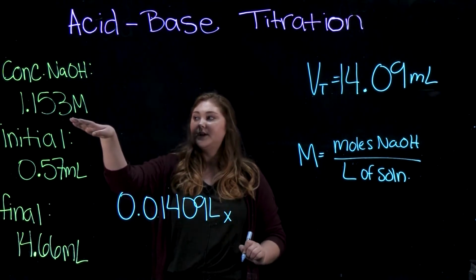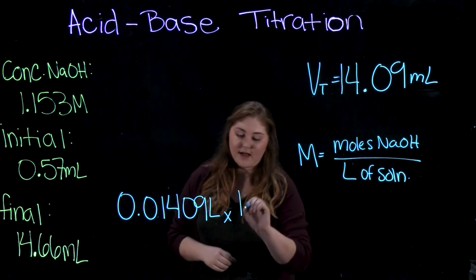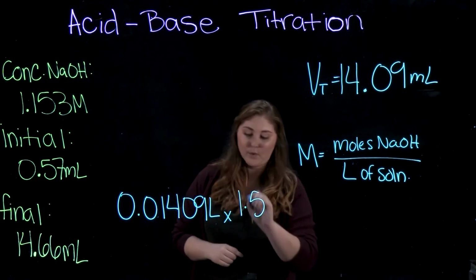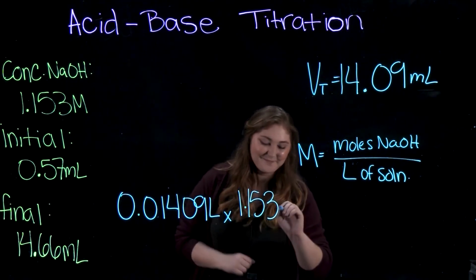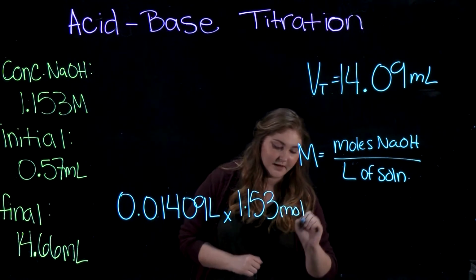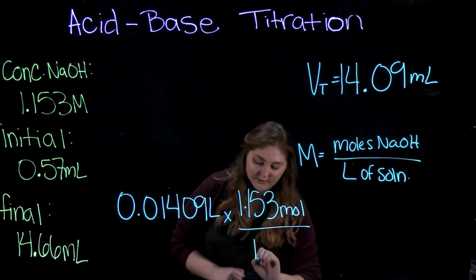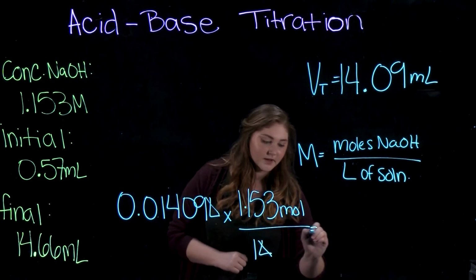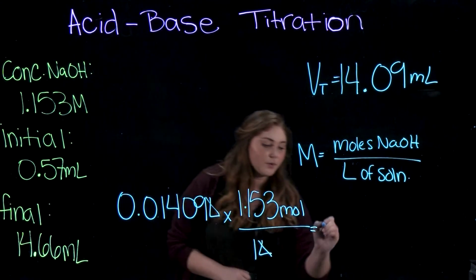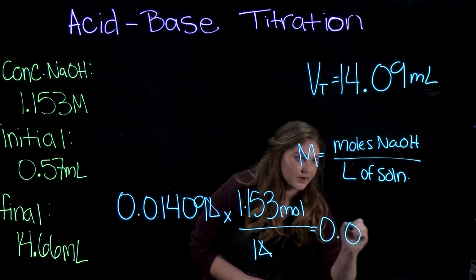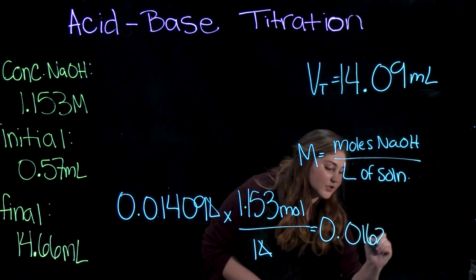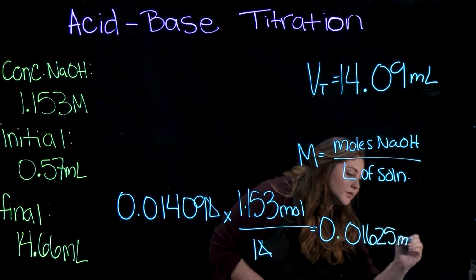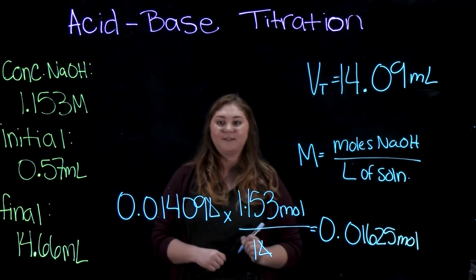Using our molarity, which we know to be 1.153 moles of sodium hydroxide for every 1 liter of solution, we can cancel our liters and find that we used a total of 0.01625 moles of sodium hydroxide.